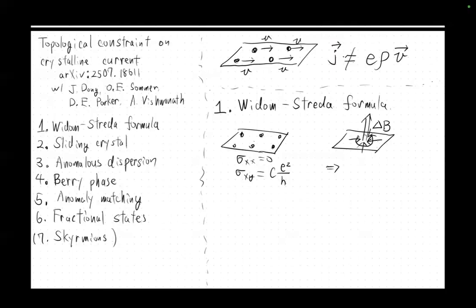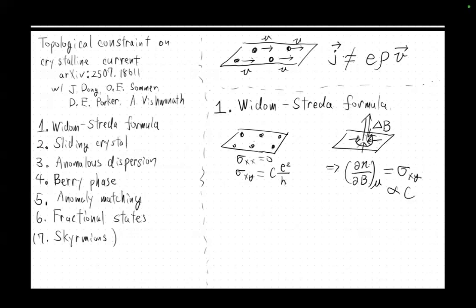Now let's take this two-dimensional gas and then imagine adding some B field to the system. Then this generates an electromotive force that goes around. And the electromotive force, in turn, draws or pushes electrons away according to the Hall coefficient of the insulator. The net result is that if you look at the electron density as a function of the B field at the fixed chemical potential, so that the density is allowed to change, then this will be given by sigma xy, which is in turn proportional to C. This is the content of the Witten-Streda formula.